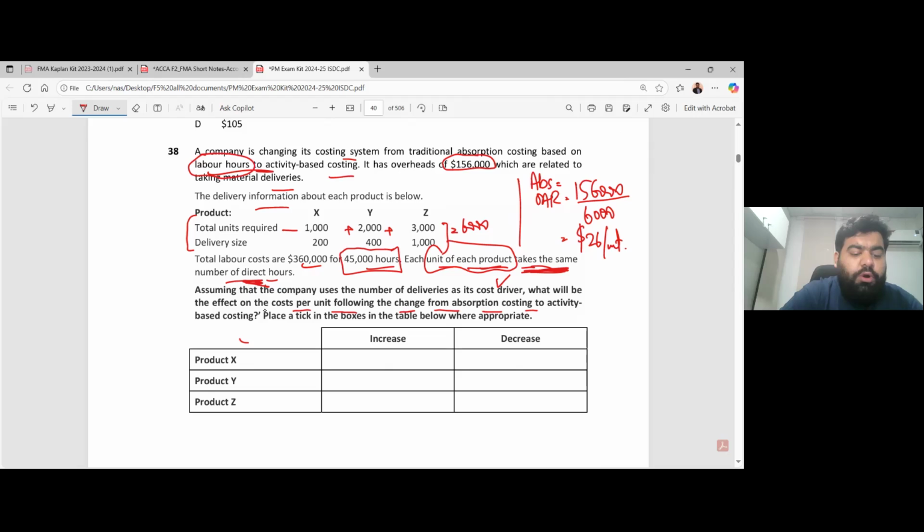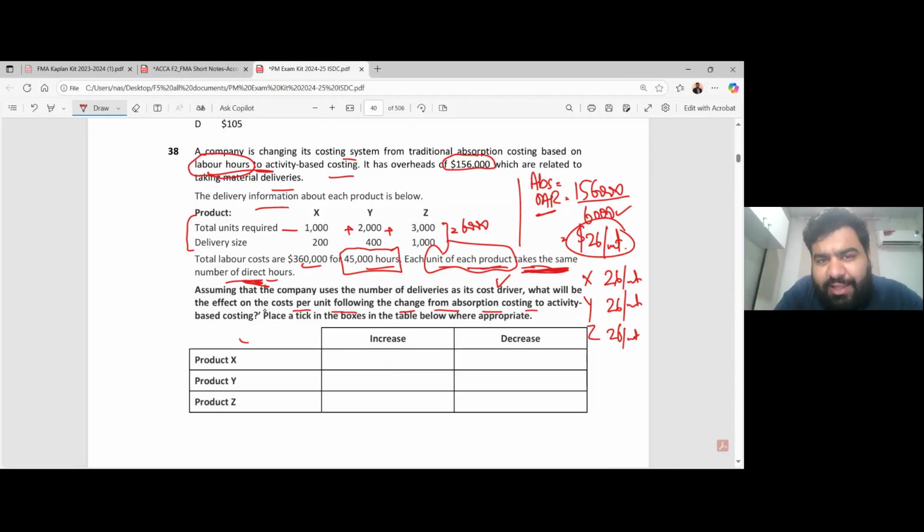Now what do we have to do? According to absorption costing, we use the OAR of 26 per unit, and obviously for X, for Y, and for Z, 26 per unit will be the same, because the labor hours were the same.